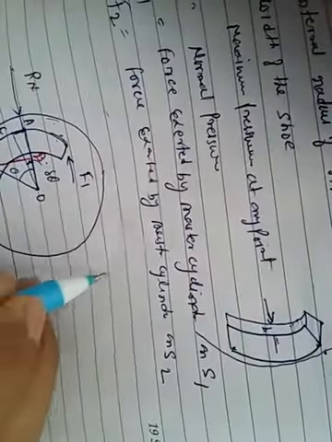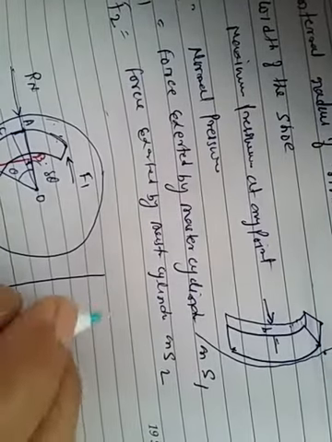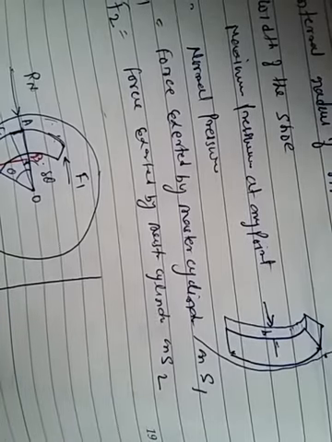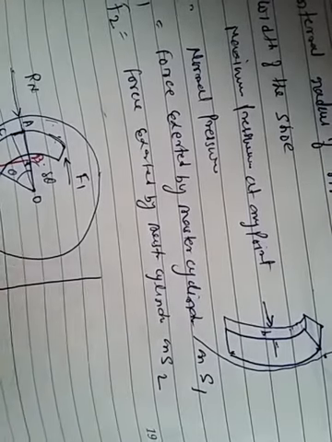Now I have written here once again that the maximum pressure at any point is directly proportional to the radial distance.